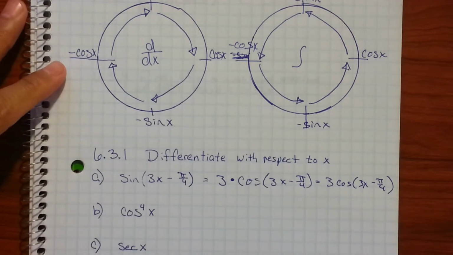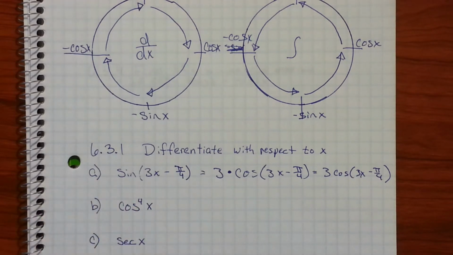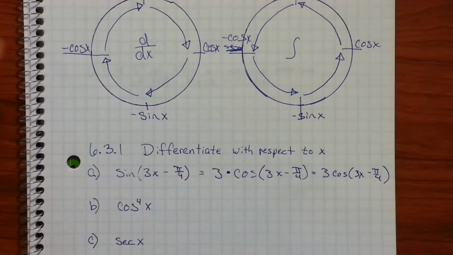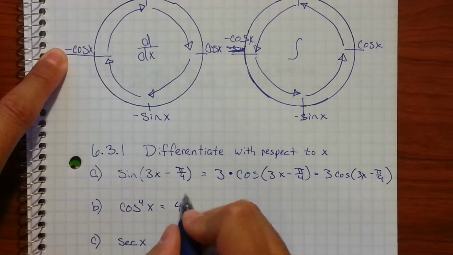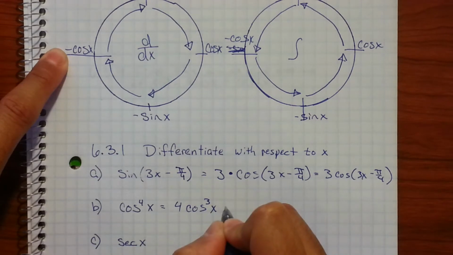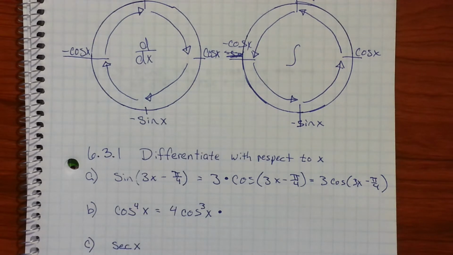Okay, so now let's take a look at this next one on B. Cosine to the 4th power x. First thing I'm going to do, I'm going to start with the outside. If I treat this like it's just x to the 4th, where only this right here is an x, I take the derivative of that. So it's going to be 4, because it goes out front, cosine cubed x, times the derivative of the inside, which is the derivative of cosine.